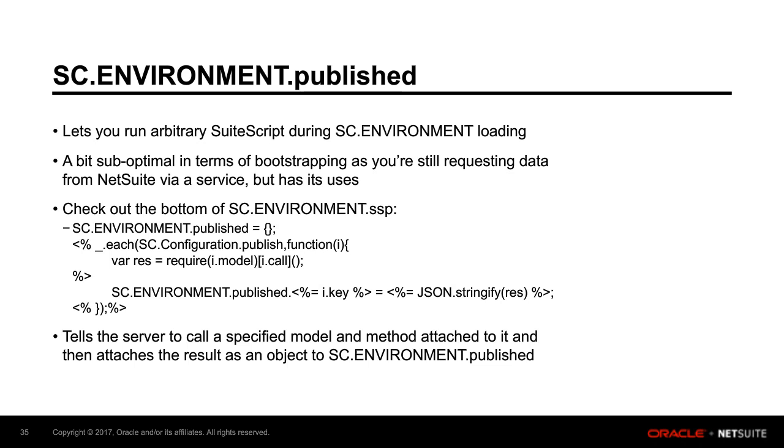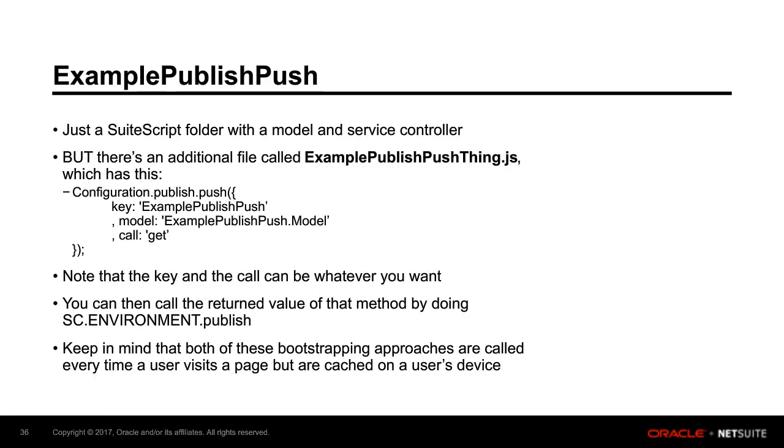What that does is add a dependency and call a specified model and a specified method on that, setting perhaps a value or a blob of data or another object to sc.environment.published, whatever you've set the key as. Again, there's an example that we can do with this.